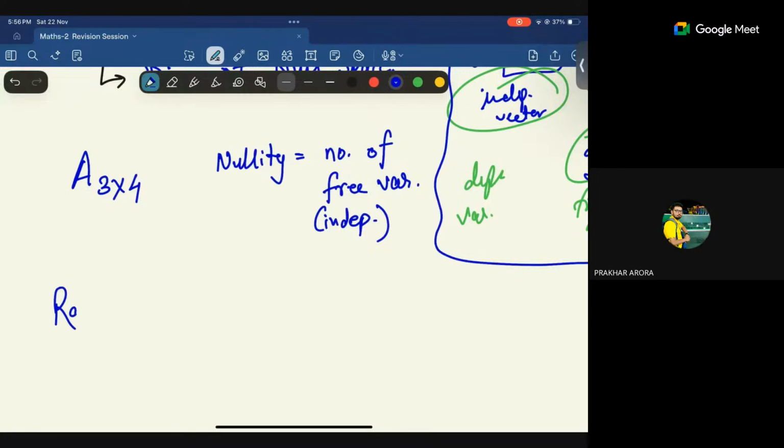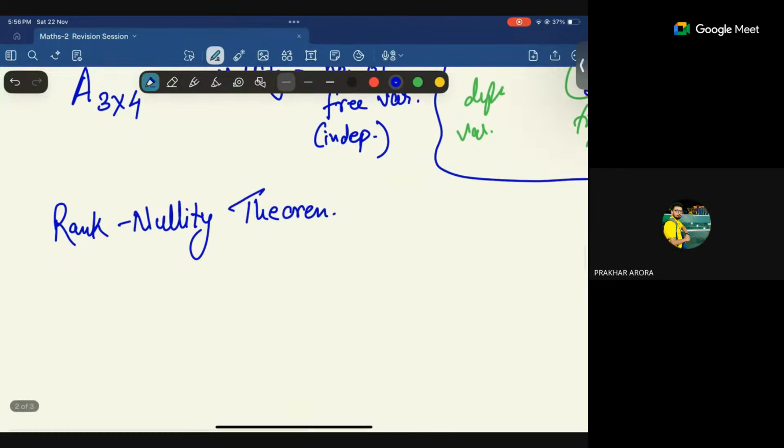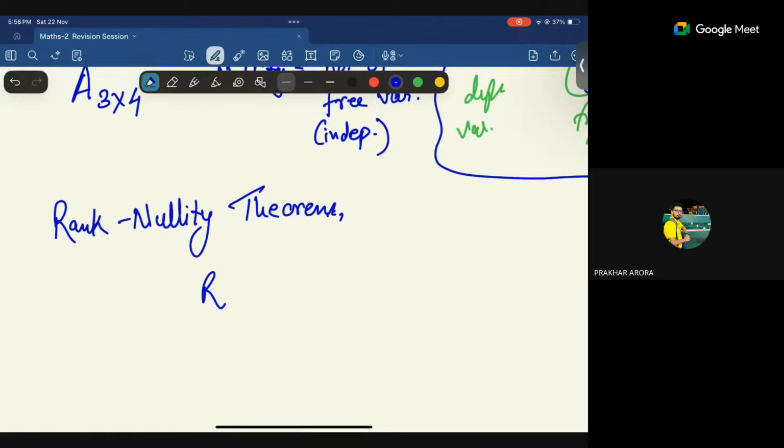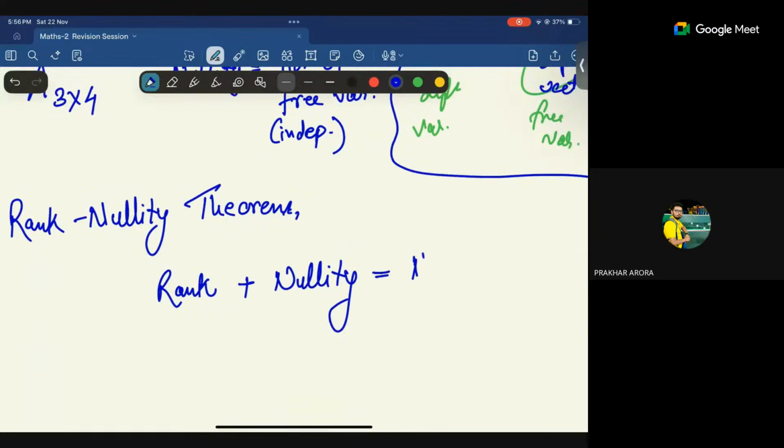The rank nullity theorem is very simple, very sweet. For a matrix, rank plus nullity is equal to the number of columns.